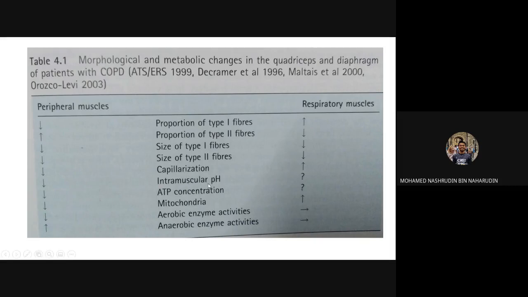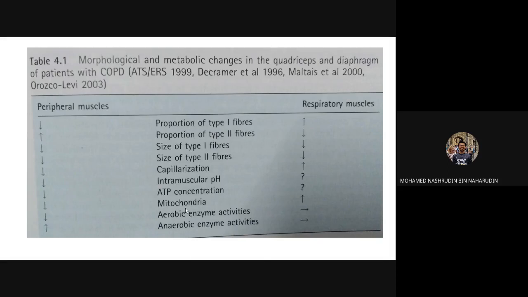And then intramuscular pH reduces, meaning that it becomes more acidic. Because your respiratory system is very much related to our buffer system, buffering the acid in our body.